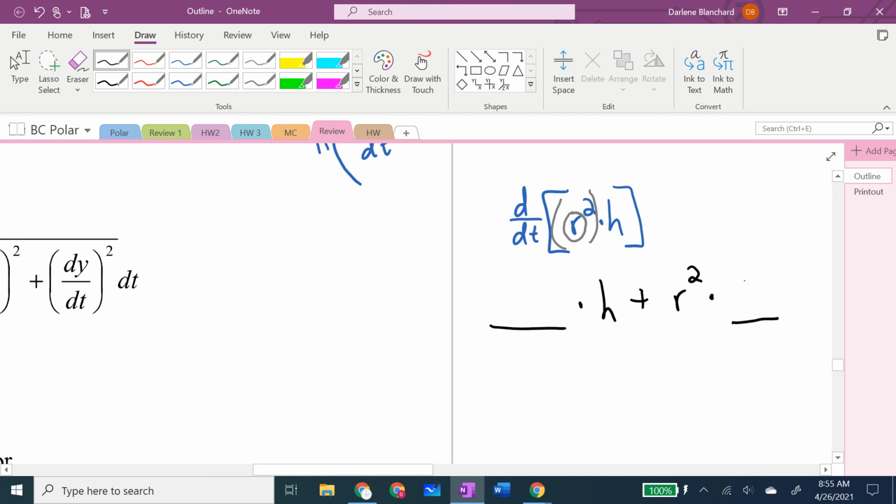Now, if it's just the h, again, it's just dh/dt. But with the r squared, I look at it as bleh squared. Derivative is 2 times bleh. Give mommy her baby, multiplied by derivative of baby with respect to the time variable. So make sure that you feel good with implicit differentiation.